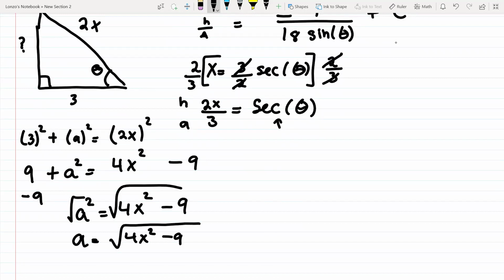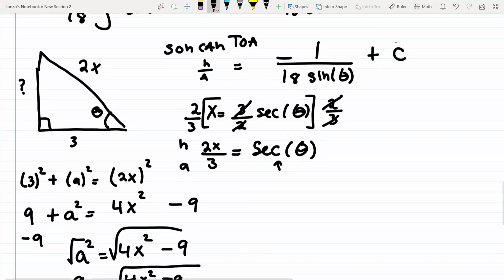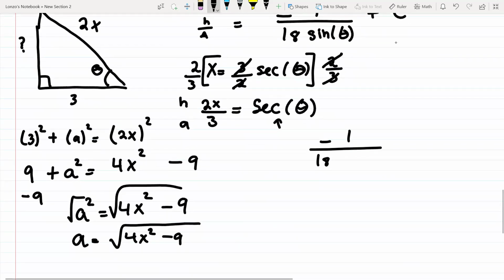Okay, so now we can figure out our final answer. Our final answer will be negative 1 over 18 times sine theta. So what is our sine theta? Because we have our missing leg. Sine is opposite over hypotenuse.